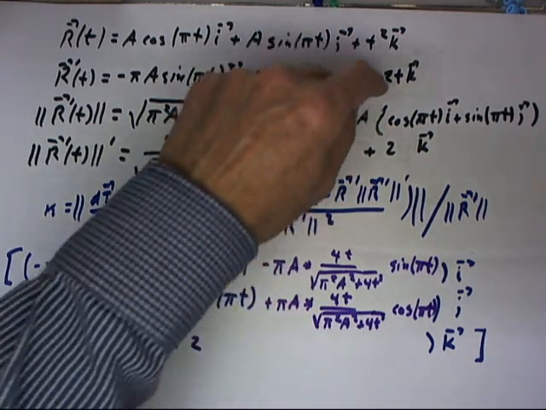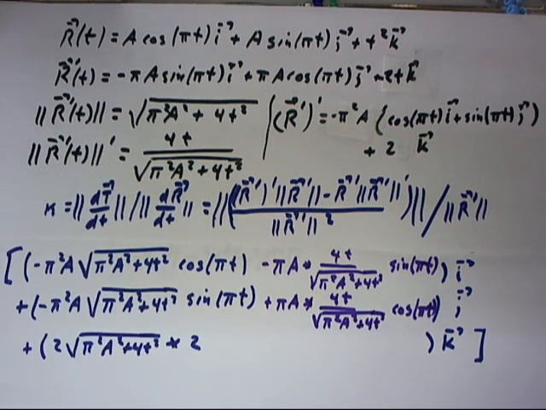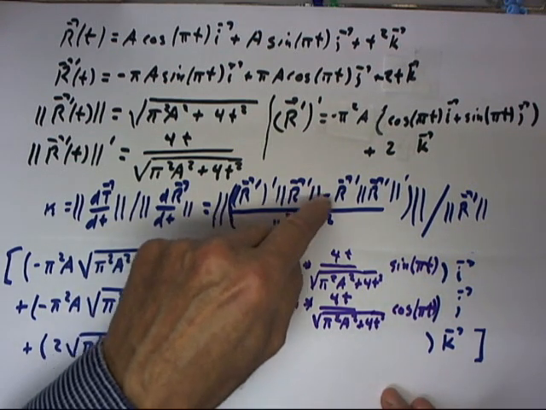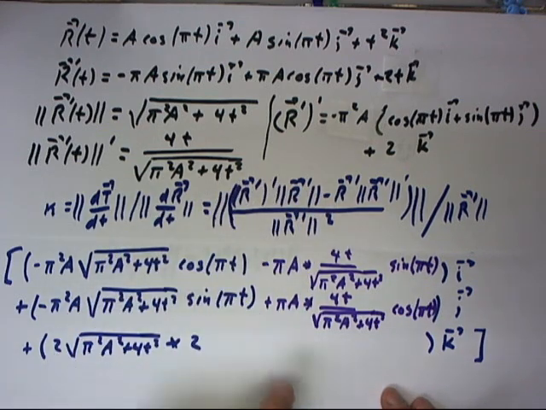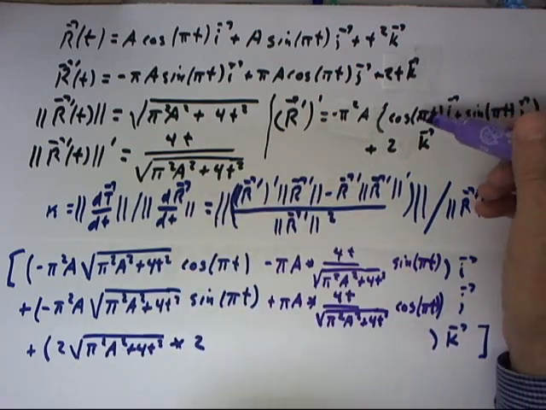On our k component, we have a 2t k multiplied by the r prime prime, and if you've noticed it already, I'll point out that I had neglected to take account of this minus sign here, so both of these signs are going to have to change. But let's go ahead and write down the k, and then we'll get the sign correct.